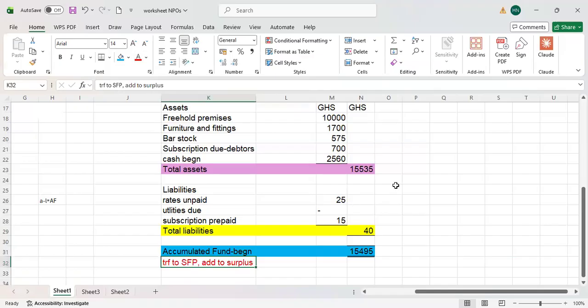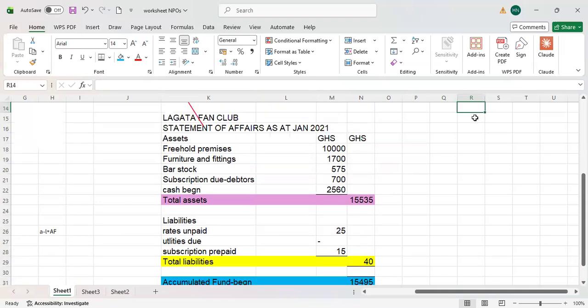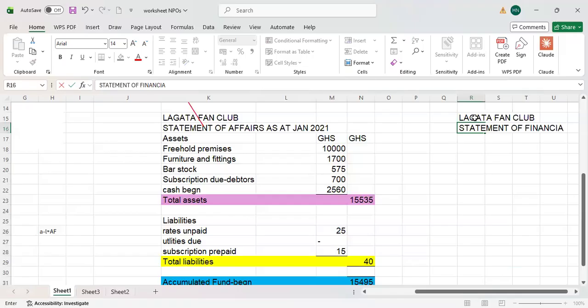Okay. So if I go to my statement of financial position, like we showed earlier, you have your three W's there, data fund club, statements. You have your statement of financial position.